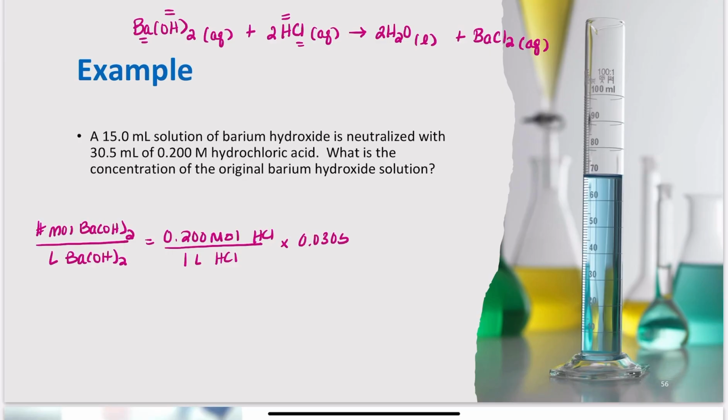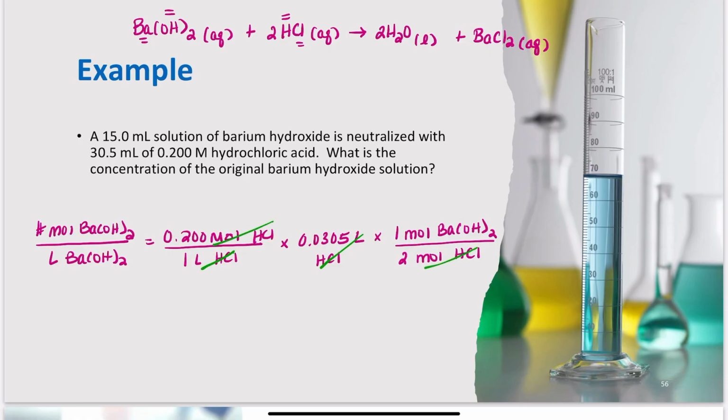In liters, that's 0.0305 liters of HCl. Again, if I stopped right now, I'd have moles of HCl. So now I can go ahead and use that balanced equation. 1 mole of barium hydroxide reacts with 2 moles of HCl.